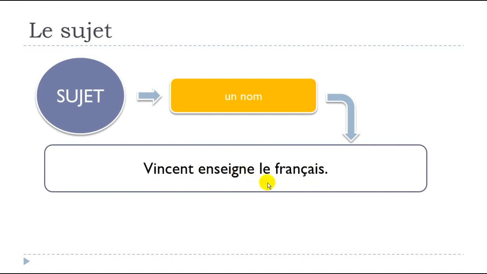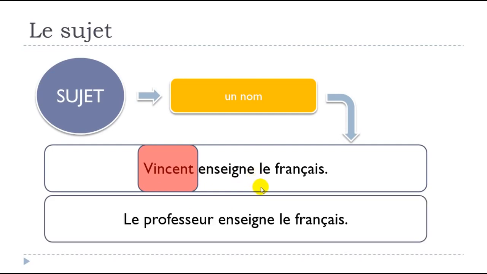Vincent enseigne le français. And in this sentence you can see quite easily that Vincent here is the subject of the verb. We could also take this Vincent away and put le professeur, which means the teacher, and it will also stay the subject of the sentence, so it's connected directly to the verb enseigner here.